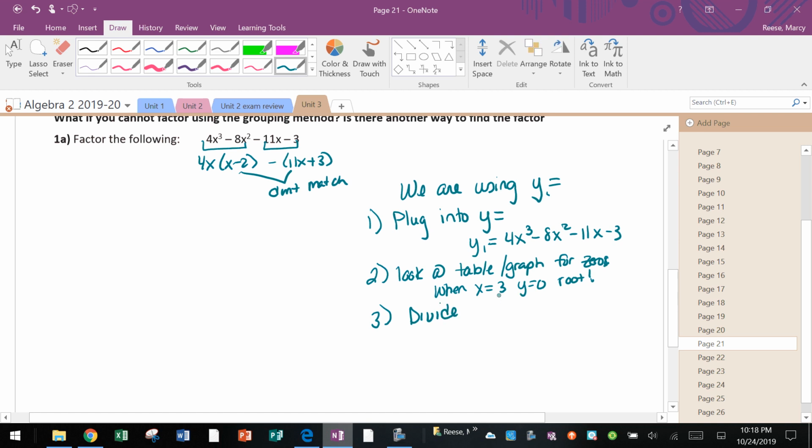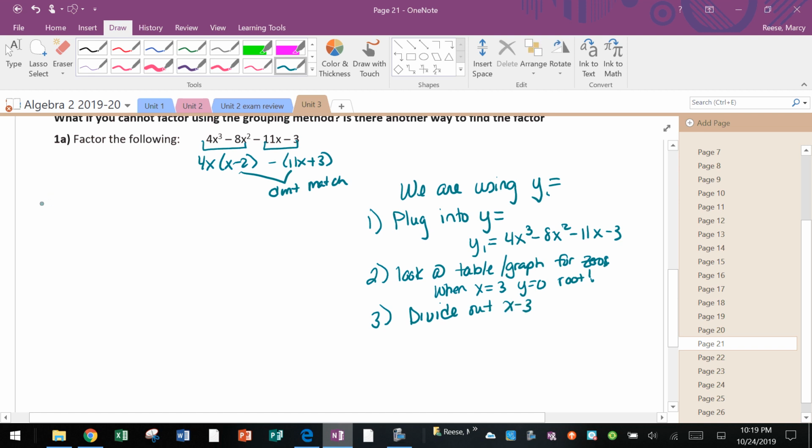So once I find that, I'm actually going to divide. Remember, x equals 3 is the root, so x minus 3 is the factor. So I'm going to divide out the x minus 3. And this is what I mean.